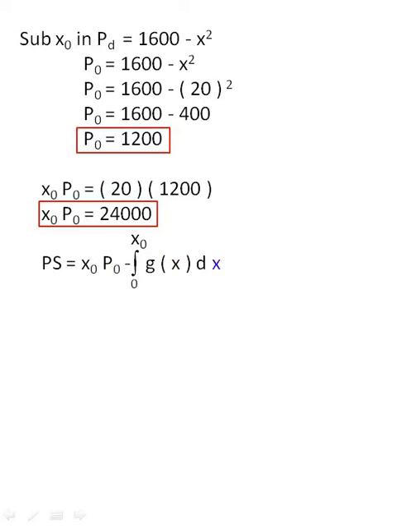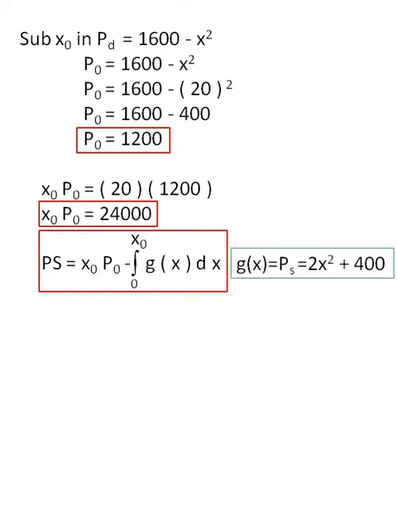Now we have to find the producer's surplus. The formula to find producer's surplus is x₀P₀ minus the integral from 0 to x₀, that is the lower limit to the upper limit, of g(x) dx, where we will be substituting g(x) by the supply function.